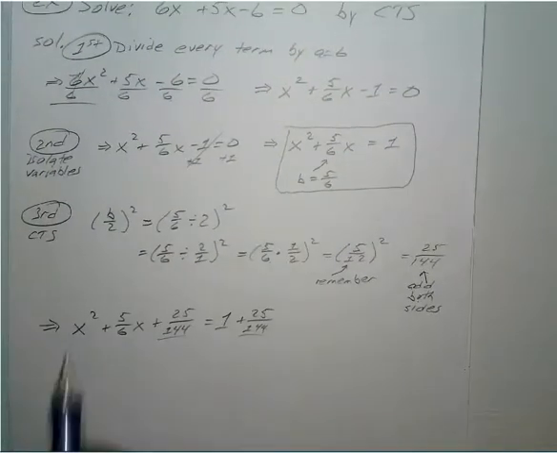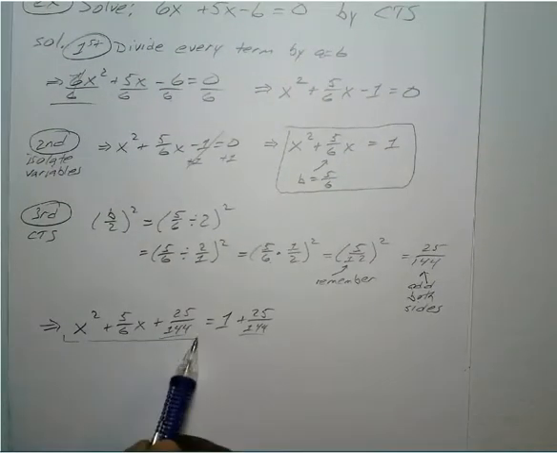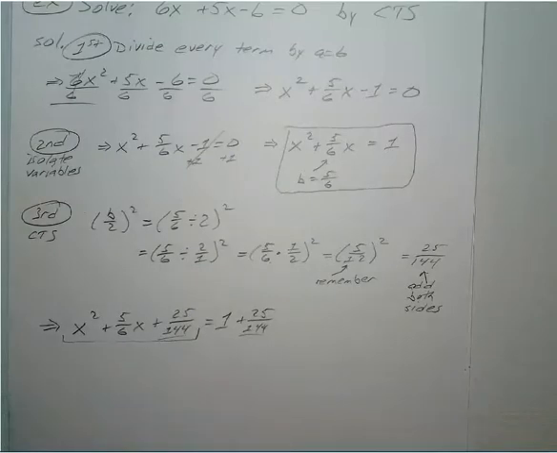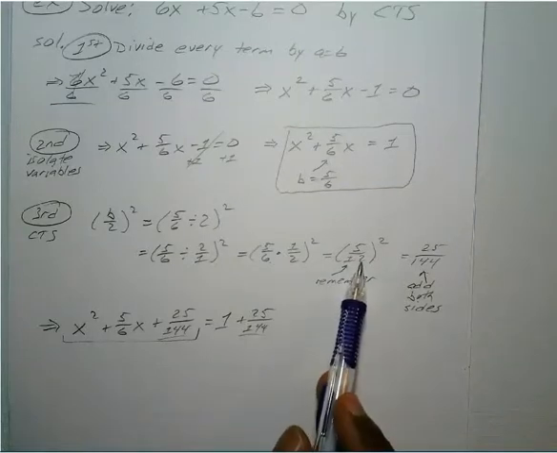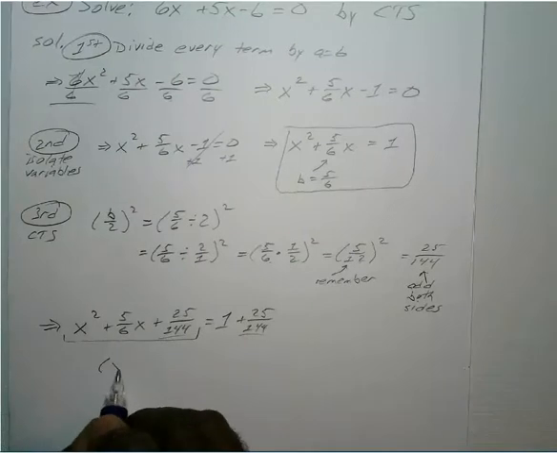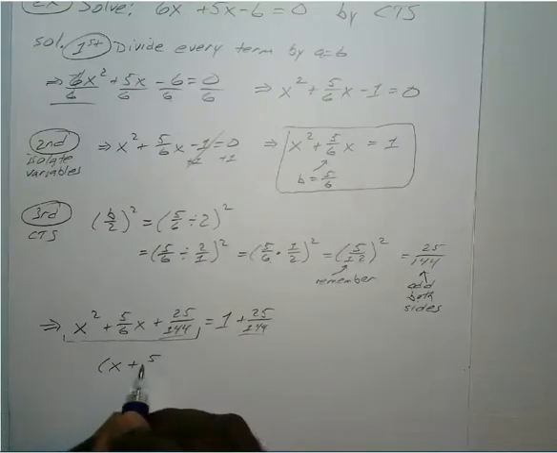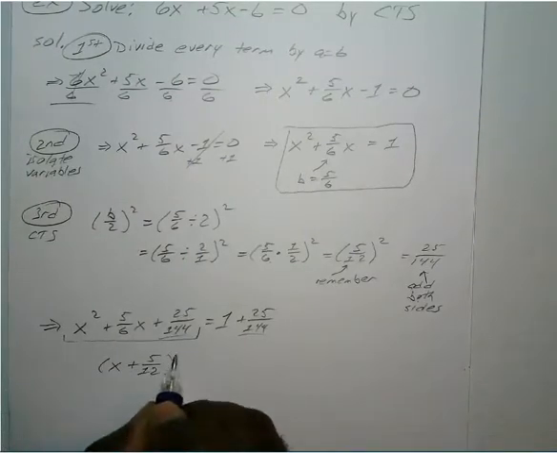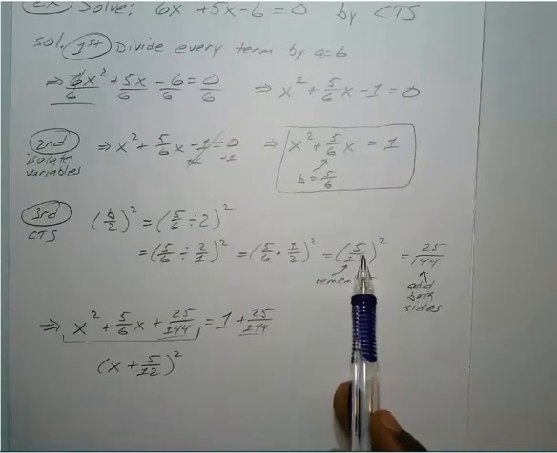All right, so just like before, trying to figure out the perfect square trinomial of that one would be a little bit time consuming, but we have our value right here. So these three terms will just become x plus 5 over 12 squared. Since that's positive, that's why we have a plus.